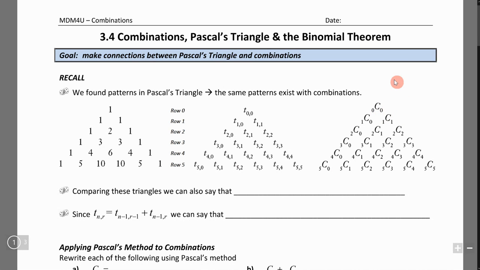So there is a direct corresponding relationship: t of n comma r is equal to the combination of n choose r, or nCr, or it can be written in this notation, C of n, r.